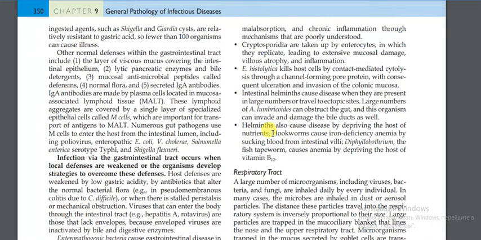As we discussed, hookworms cause iron deficiency anemia by sucking blood from intestinal villi, and Diphyllobothrium, the fish tapeworm, causes anemia by depriving the host of vitamin B12. So if you see a patient with a B12 deficiency, you can suspect they have Diphyllobothrium.